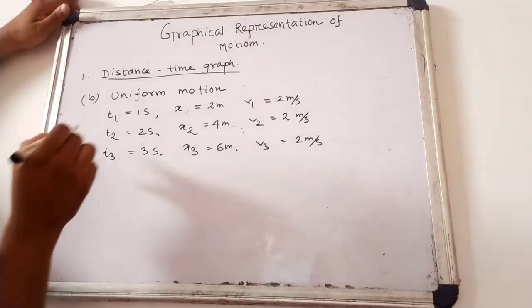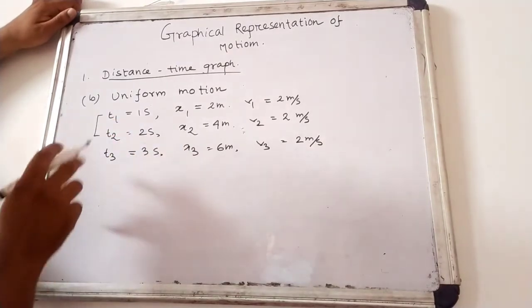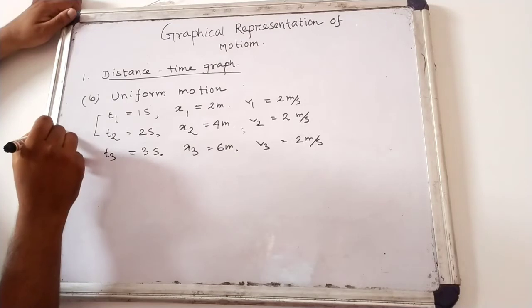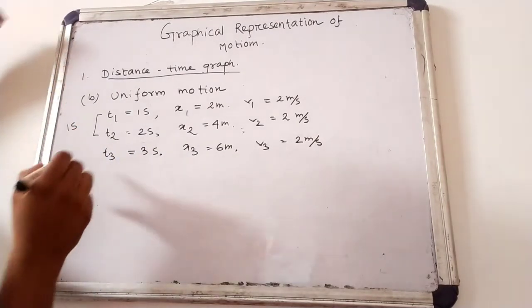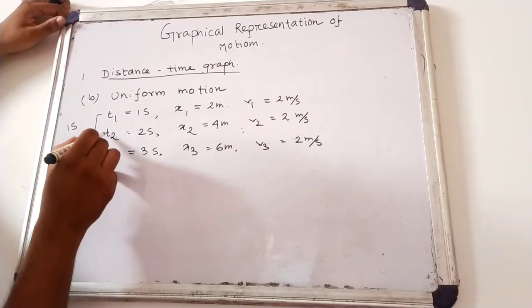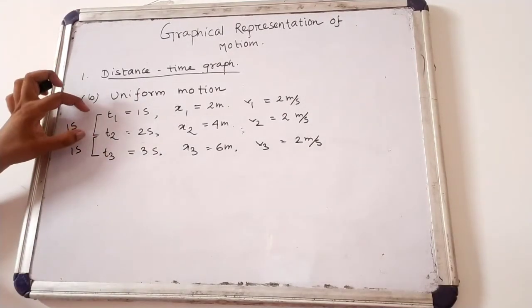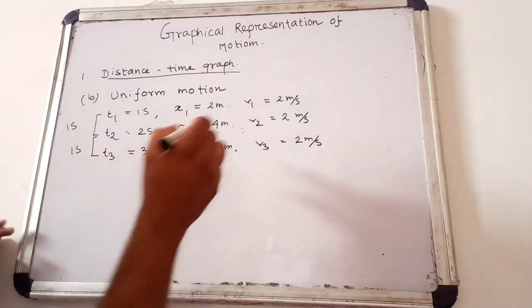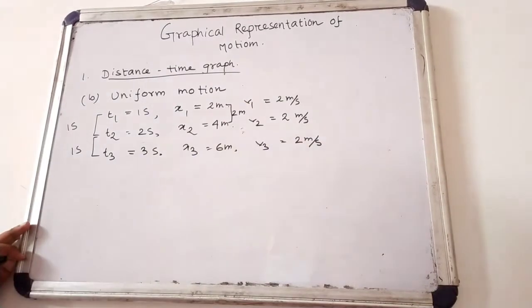See here, from t1 to t2, the time interval is 2 minus 1 equals 1 second. Again from t2 to t3, the time interval is 1 second. Within a 1 second time interval, it covers a distance of 2 meter.